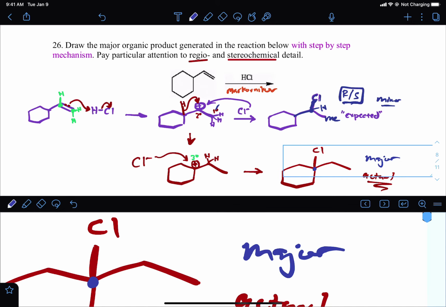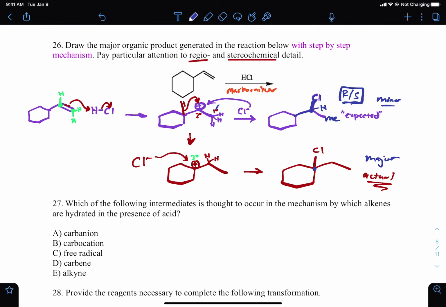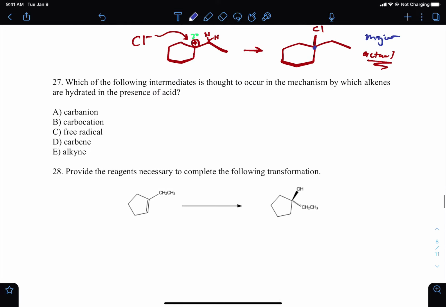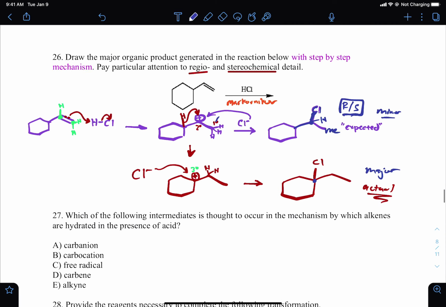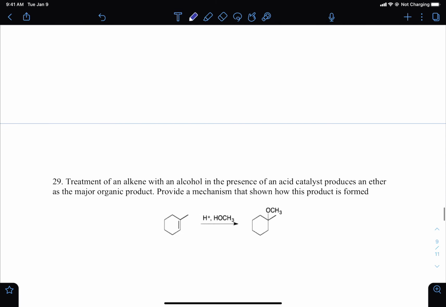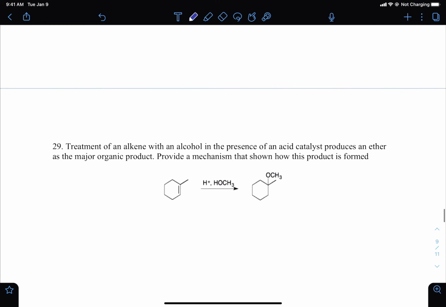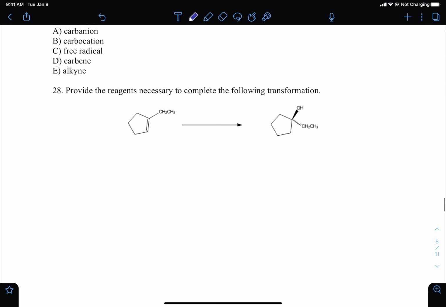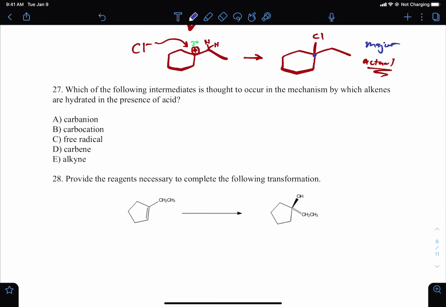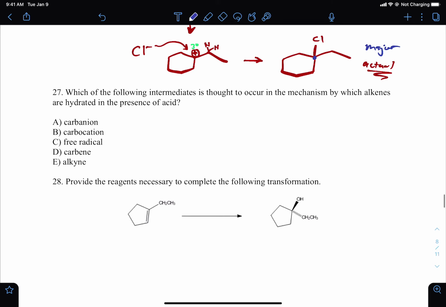Okay. All right, moving on. We're almost done with this section, I think. Yeah. So this is where, actually we haven't done this either. So we've actually got quite a few more problems here. All right. Which of the following intermediates is thought to occur in the mechanism by which alkenes are hydrated in the presence of an acid?